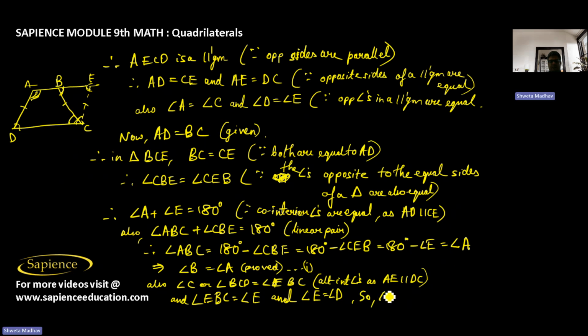So I can say that angle D is equal to angle C. Since angle EBC, this angle, is equal to angle C, and angle E equals angle D, and these two angles are also equal, so these two angles are also equal. So this is also proved, part 2. The second part has been proved.